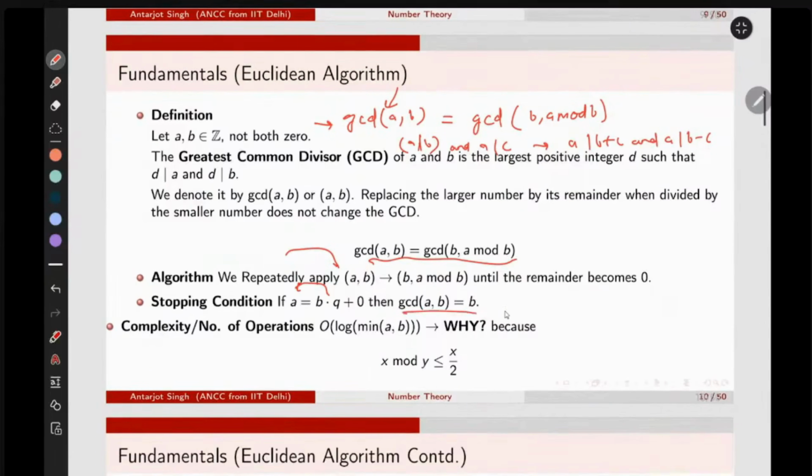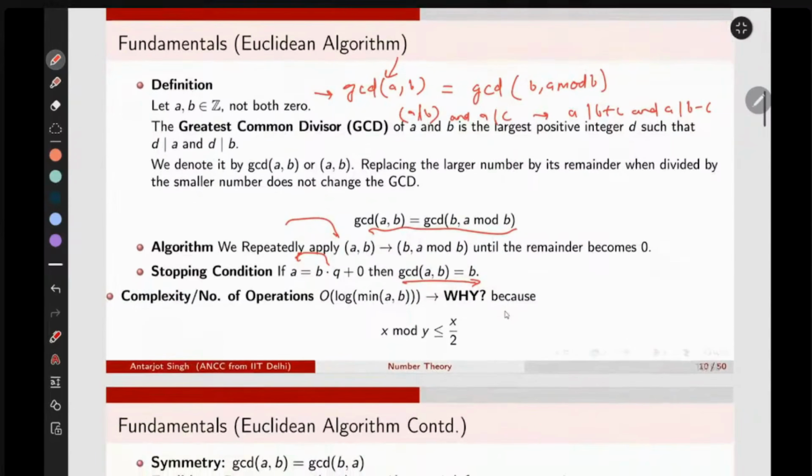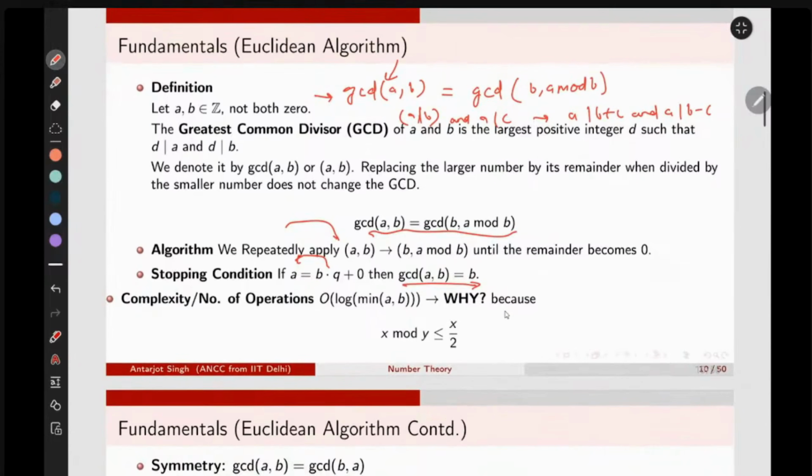Then we can say the GCD of A and B is B. The complexity would be big O of log min of A and B, because x mod y is always less than x by 2.